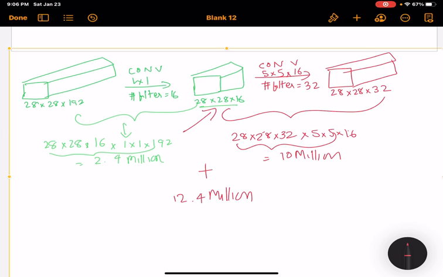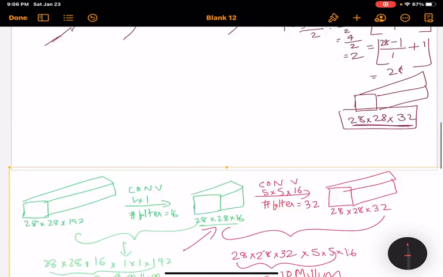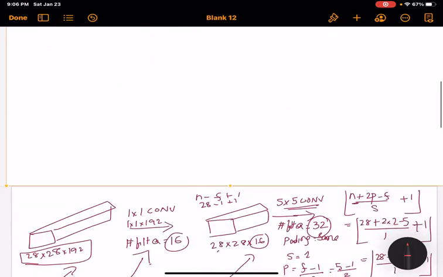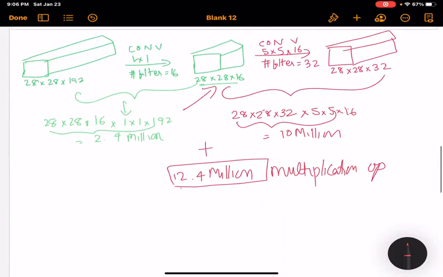I need to perform only 12.4 million multiplication operations for this particular case, whereas if I was to directly apply the 5 cross 5 filter onto the same image, I would have to use 120 million multiplications. So clearly we can see that introducing this 1 cross 1 convolution operation in the middle has decreased our computational cost to nearly 1/10.